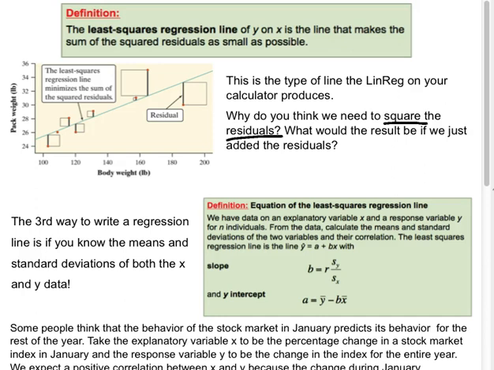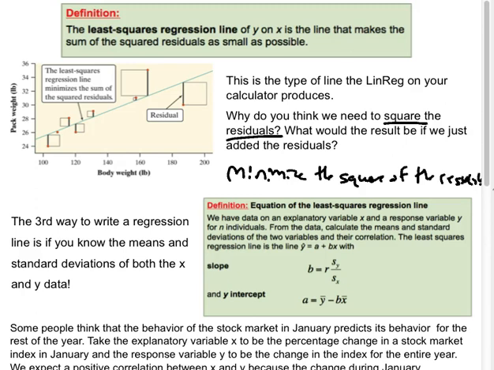So that's why here you're trying to minimize the square of the residuals. That's the goal, is making this line, and that's the program that your calculator has been embedded with. It does all that minimizing for you.